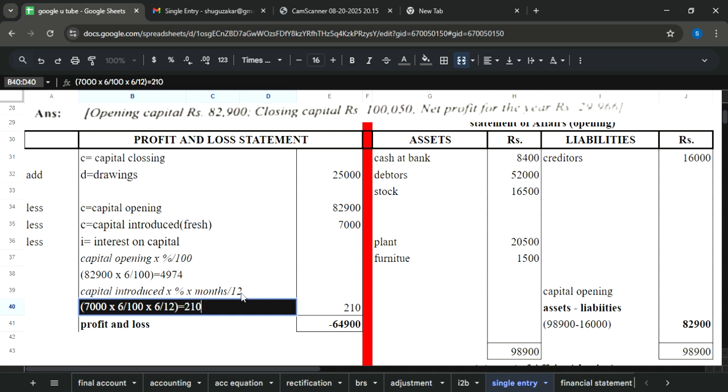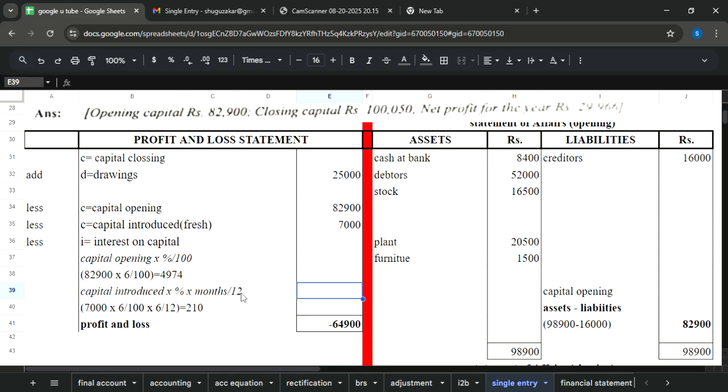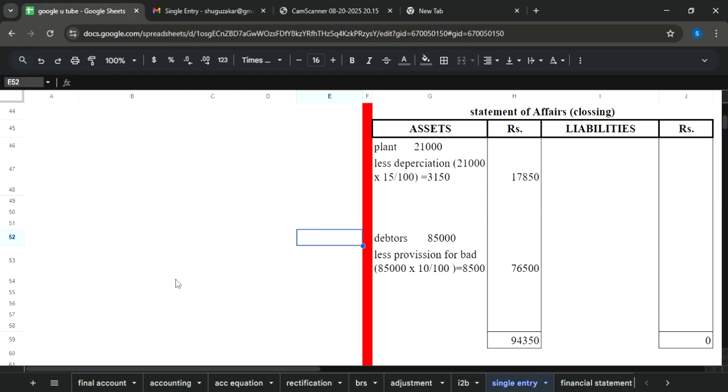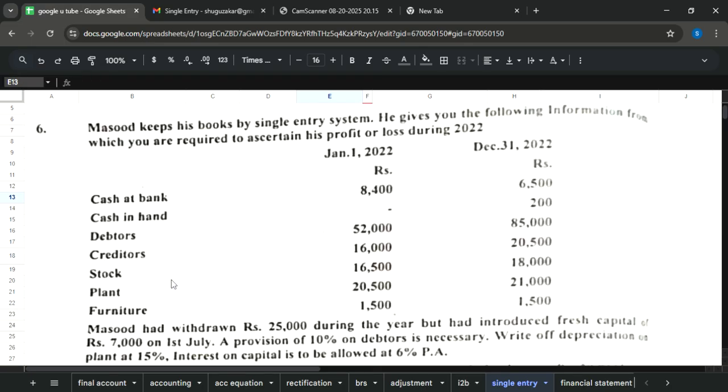So in this way two interests are calculated. Over here just write down the sum. There were two interests. First interest 4974, second interest 210, and then after adding you will write interest on capital over here. Alright guys, this was your last adjustment, interest on capital.